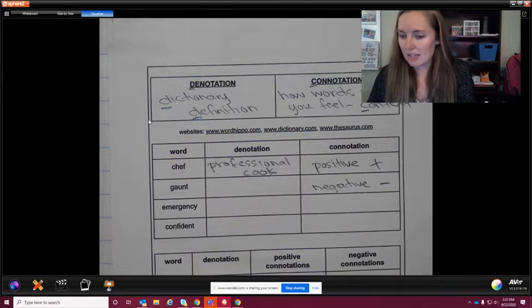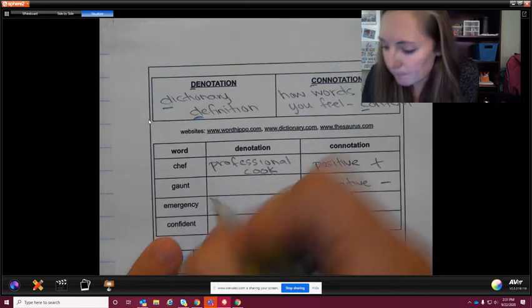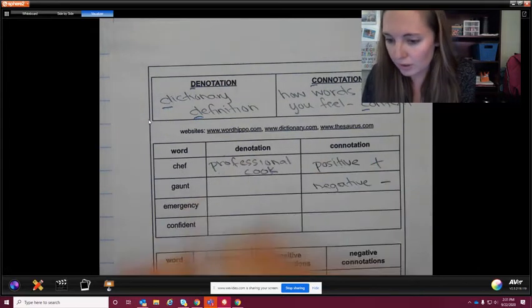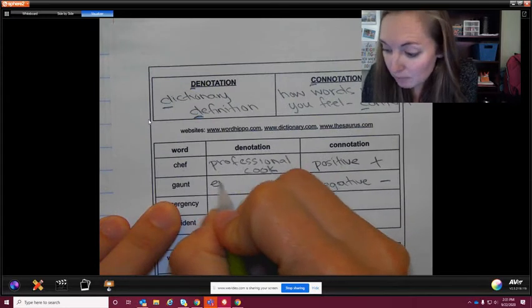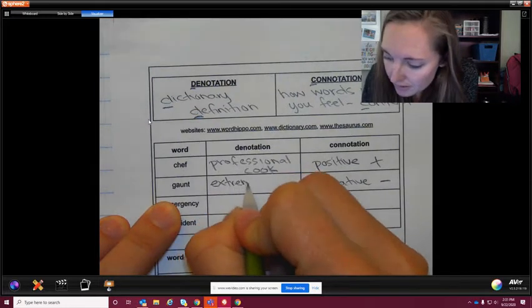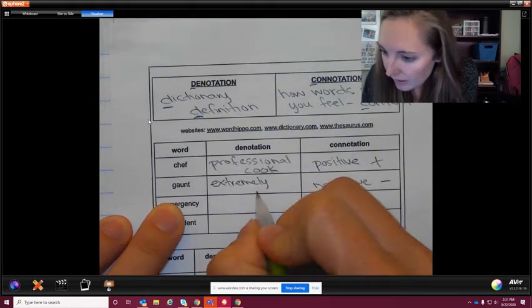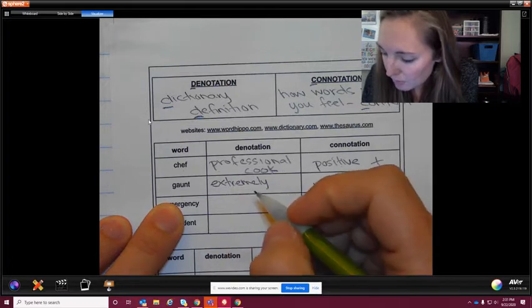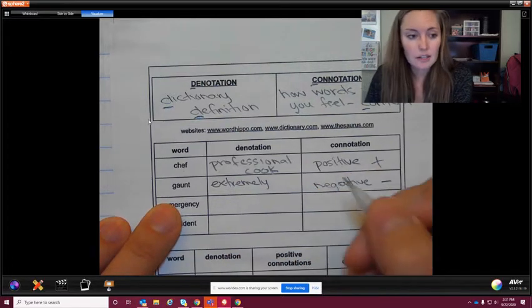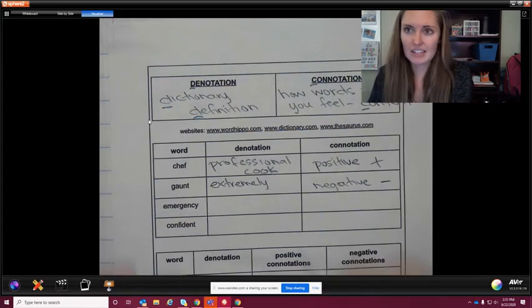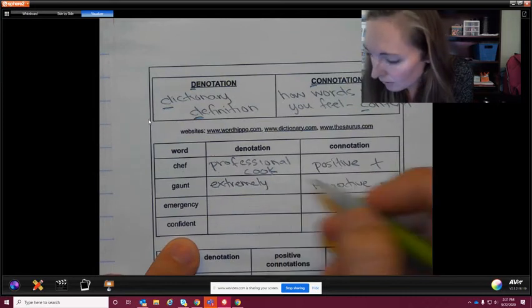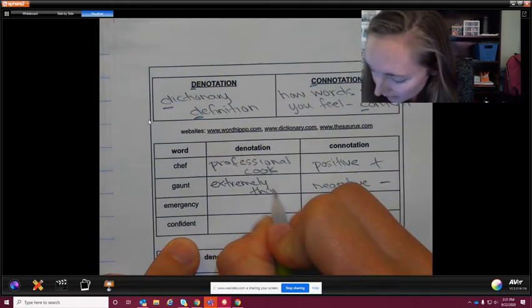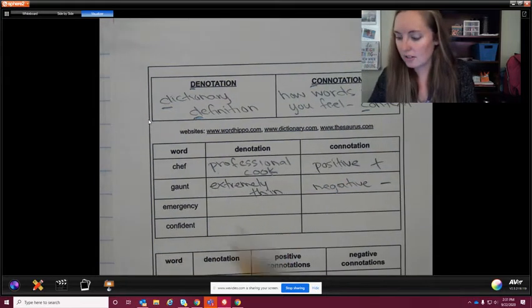It means extremely thin, or small, or slender, but to the extreme. If someone is not very healthy, you'll see that they have a gaunt stature to them. So extremely thin, that has a negative connotation.